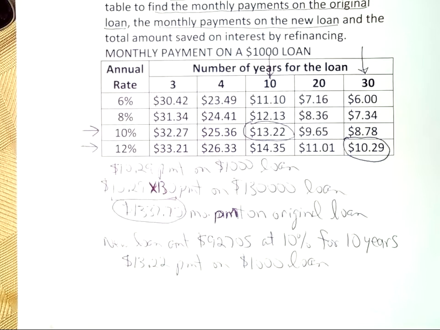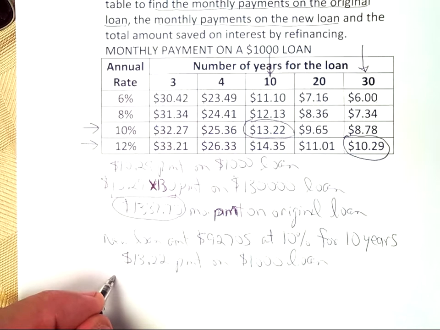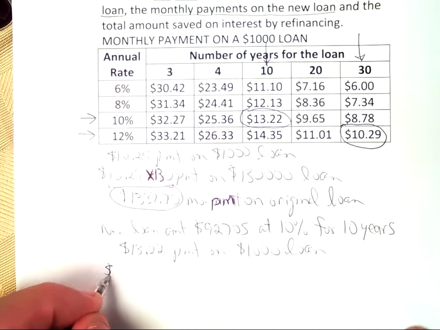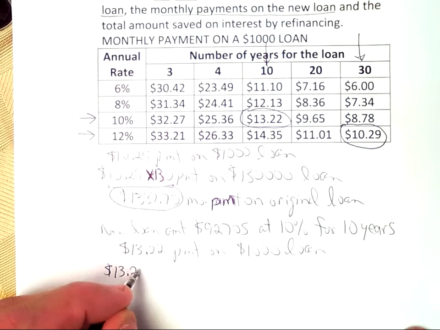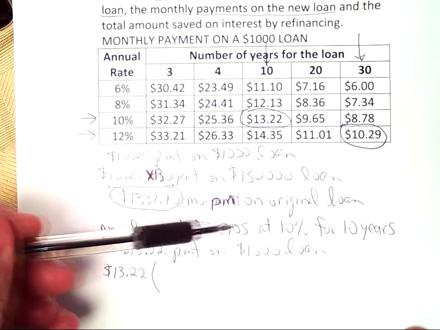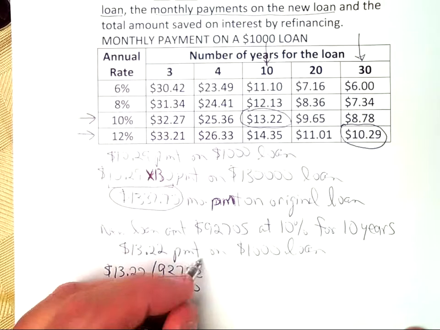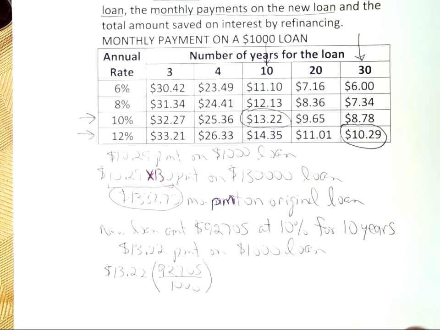So what you're going to do is take the $13.22 payment and multiply it by however many times 1,000 goes into that number. So I'll just write it out as an explicit division. That's the same as before. 130,000 divided by 1,000 is 130. But you sort of have to do it explicitly when the balance is not a multiple of 1,000.